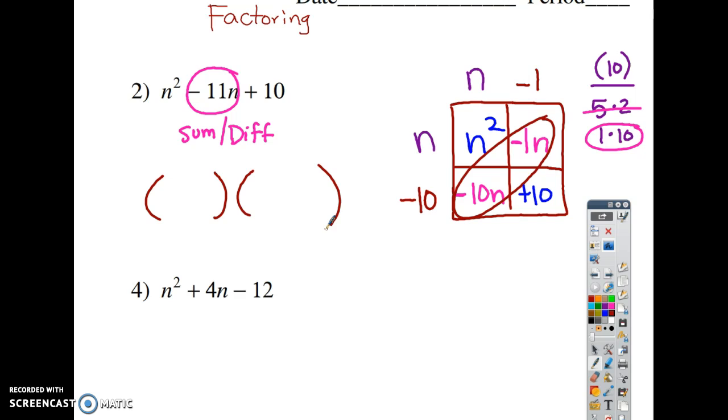You're multiplying negative 10 times negative 1 and it gives you a positive 10. Make sure that you write down the factors at the very end. I don't need just the box. The box is just you showing your work. I need the factors. So my factors are n minus 10, n minus 1.